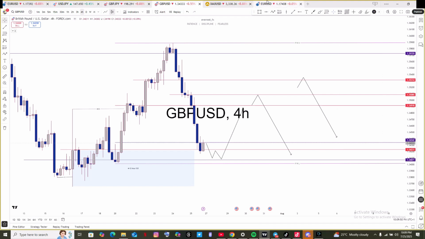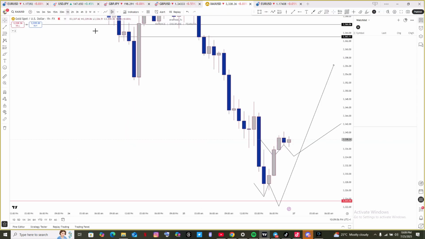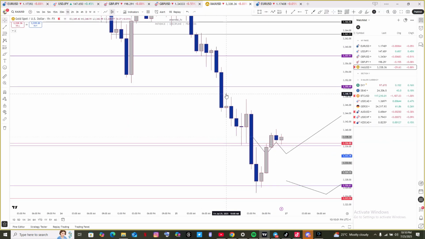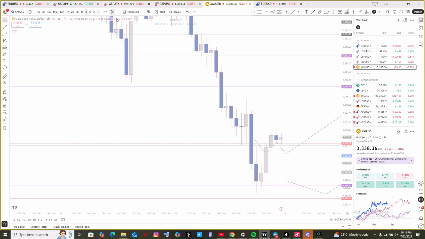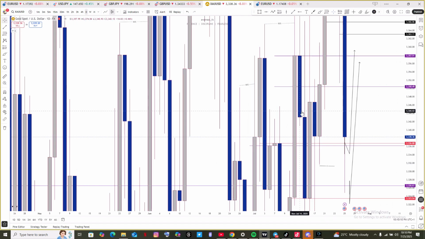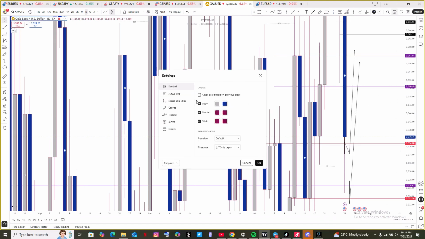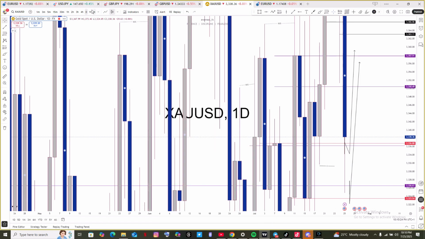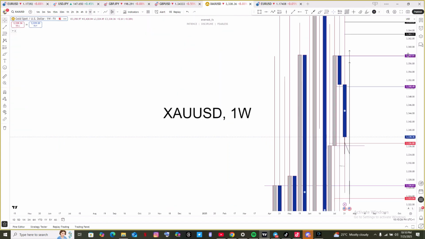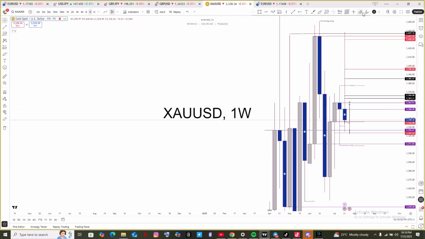So the next pair that I'm going to be looking at is, let's look at gold. Gold is a very crazy pair. One of the crazy pairs that makes people money. So we start with our weekly, as usual.